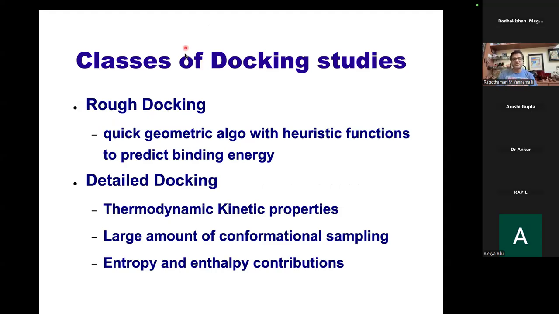So it's a very quick way to eliminate bad binders. Whereas detailed docking is where you look at the specific interactions and how the search space can be explored in detail, and this can be done only for a couple of molecules. You can't do this for 1 million compounds that you want to screen.